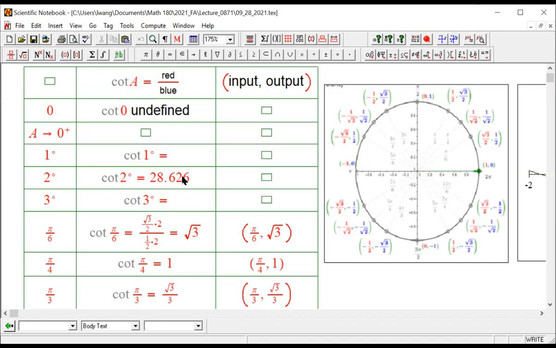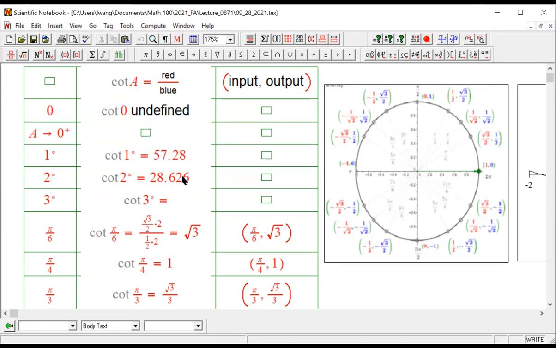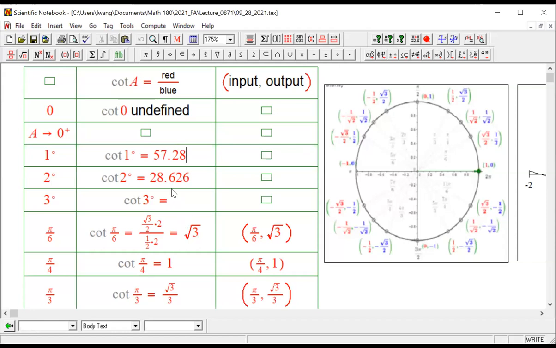Cotangent 1 degree, I got 57.28. Okay. So the number is getting larger and larger, right? As we're getting closer and closer to 0, the ratio is getting larger and larger. Do we see that?